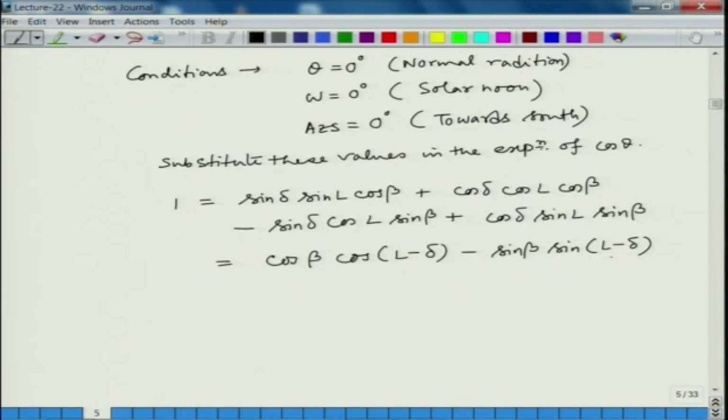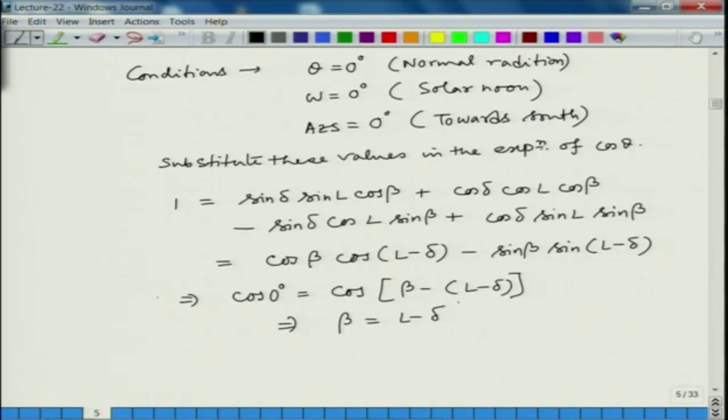Okay. So, what does it mean? The left hand side is your cos 0 degree and the right hand side is nothing but cos of beta minus (L minus delta). So, your tilt angle of the plane has to follow this relation: it has to be latitude minus declination angle.